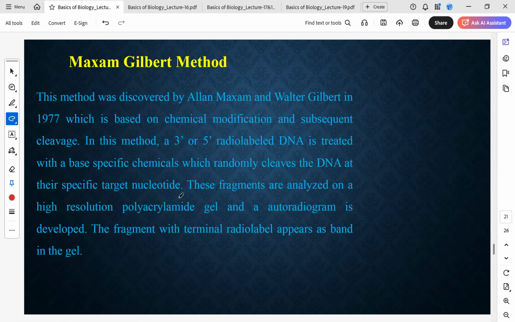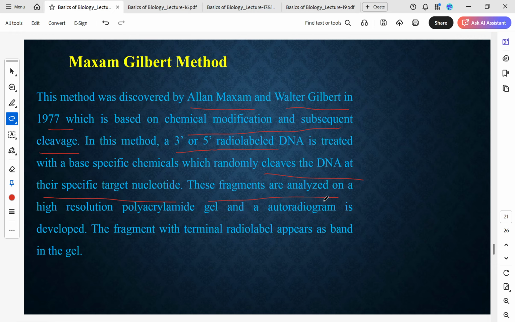Next comes the Maxam-Gilbert method, which was discovered by Allan Maxam and Walter Gilbert in 1977, based on chemical modification and subsequent cleavage. In this method, 3' or 5' radiolabeled DNA is treated with specific chemicals which randomly cleave the DNA at specific target nucleotides.